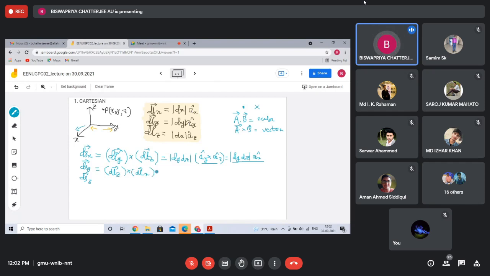So if you take the magnitude apart, it will be dx dz. It's the magnitude part, and the unit vector part is az cap cross ax cap.